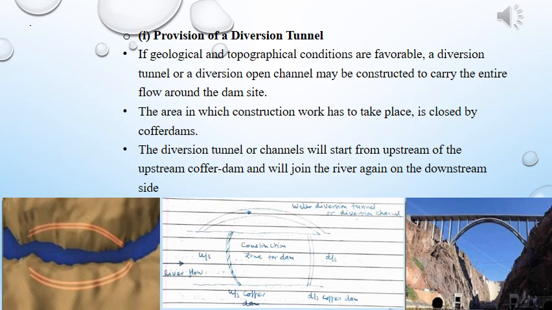The diversion tunnel will start from the upstream of the coffer dam and will join the river again on the downstream side of the coffer dam.